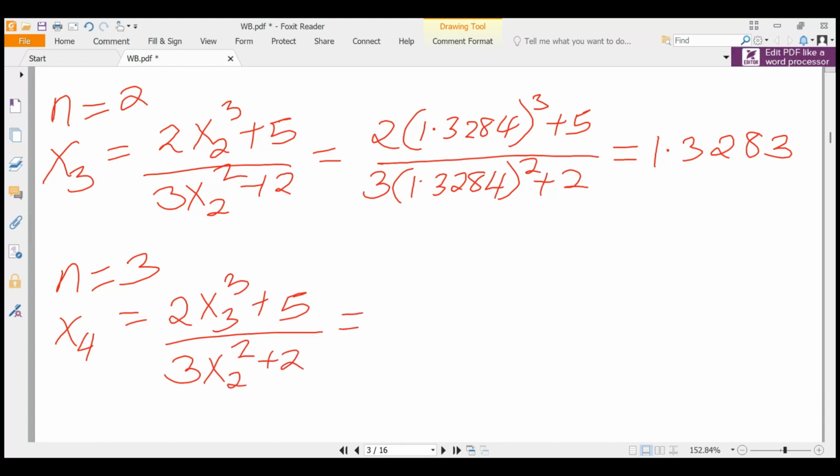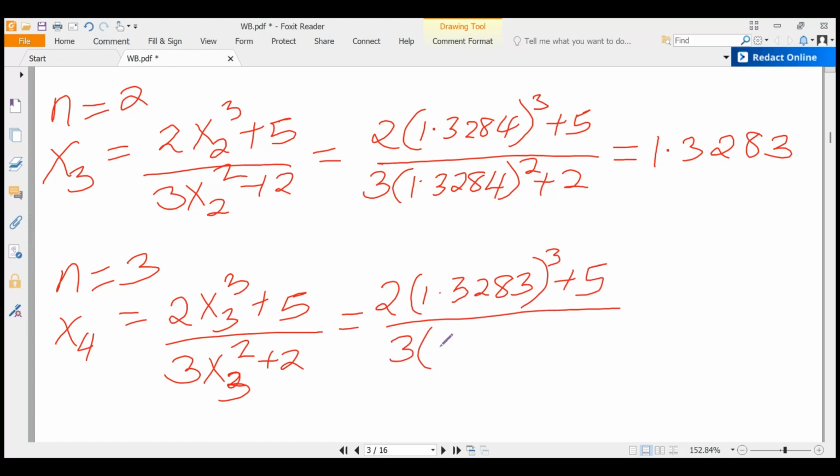We substitute the value of x3 that we have obtained here, 1.3283, and we get 2 times 1.3283 raised to the power of 3 plus 5 divided by 3 times 1.3283 squared plus 2, and the result is 1.3283 when we work it out correct to 4 decimal places.